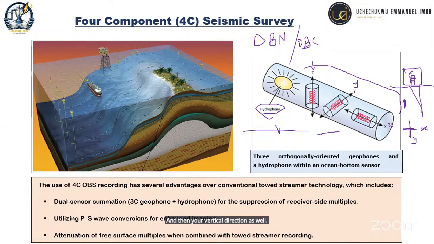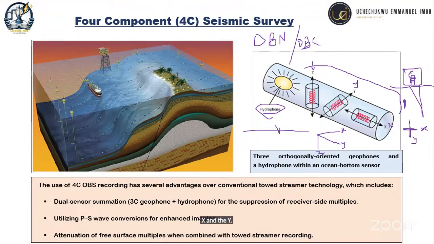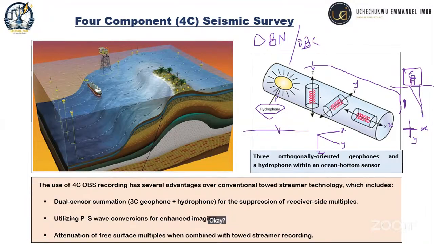So you have a motion monitoring sensor that is doing Z, X, and Y. And then you also have a hydrophone that measures only your P waves, not your S waves, while the geophones are measuring both your P waves and your S waves.